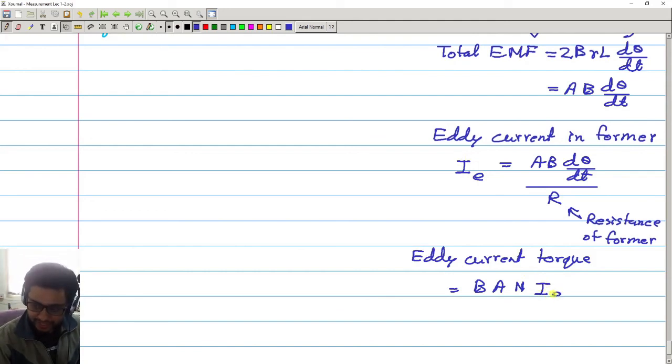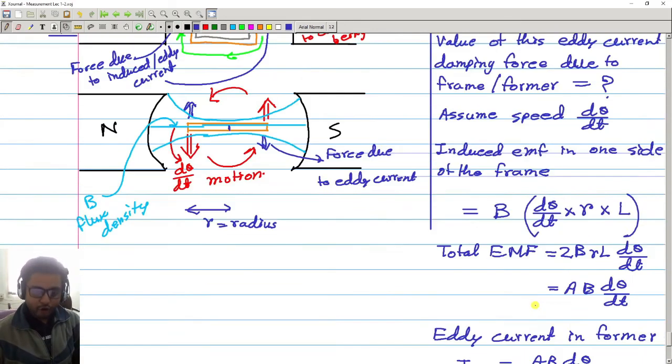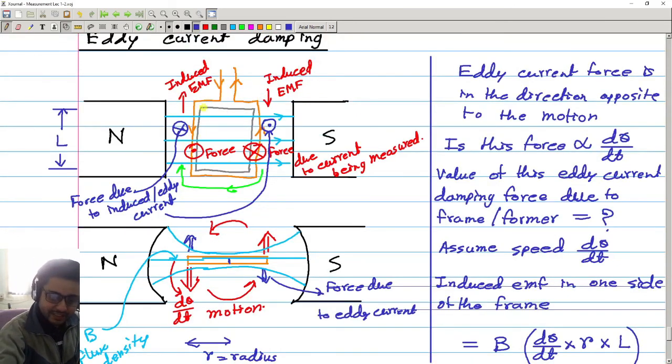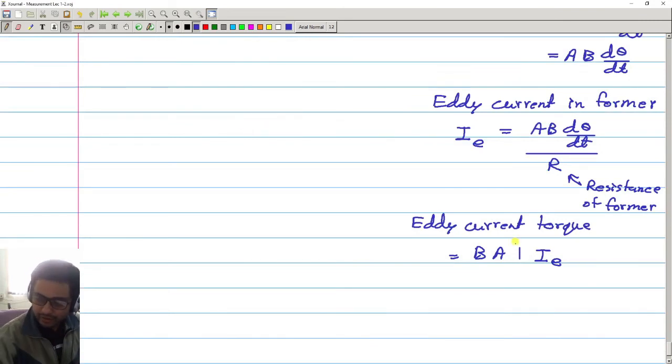So let me write IE, and N, what can I put in place of N? Any suggestion? 1. Excellent, very good. Because the frame you can think of as a single turn coil. So this is equal to BA.